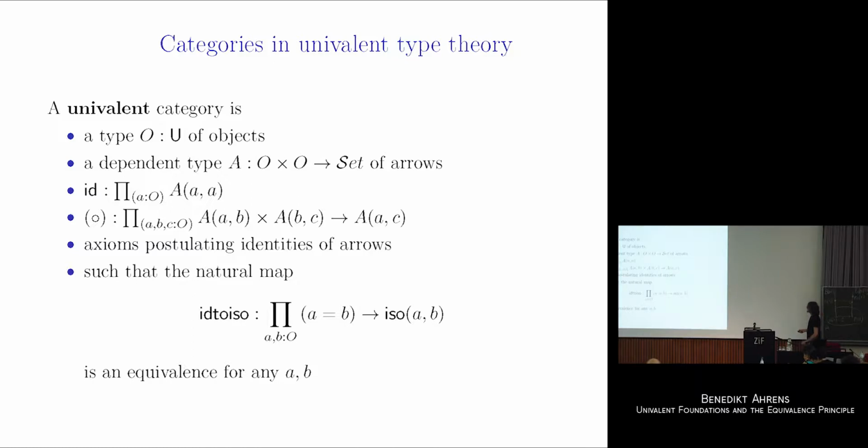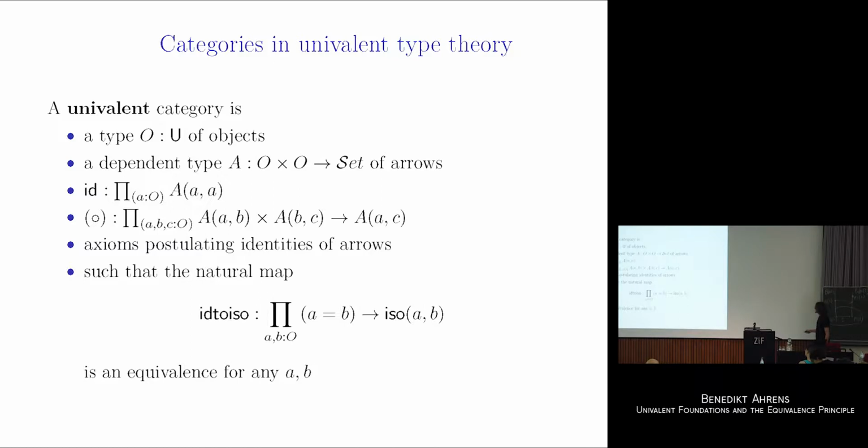It is defined by just specifying the image of this map on the diagonal, meaning in the case where B is A and the identity is reflexivity, and in that case we map it to the identity isomorphism.